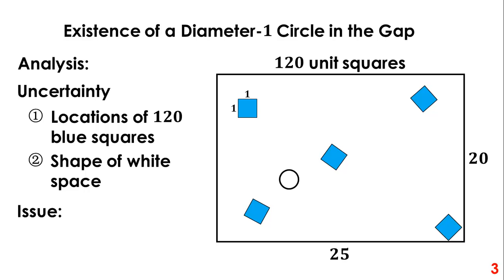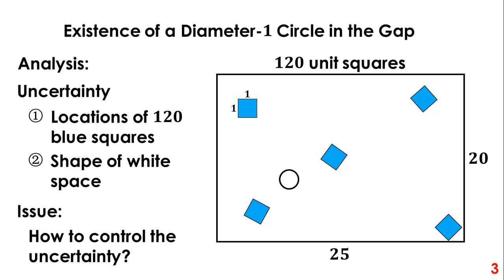So now the issue, how do we control the uncertainty? Can we find a way? There are so many things, it's very hard to describe. But can we just create some special way that can help us control that uncertainty? So that is the main issue of this problem.